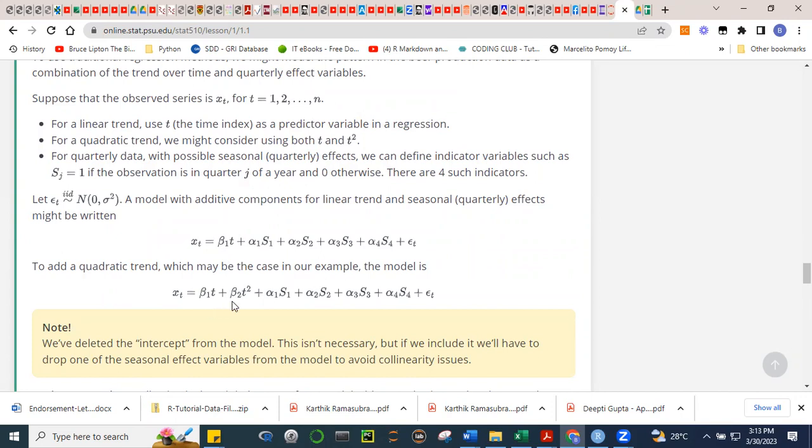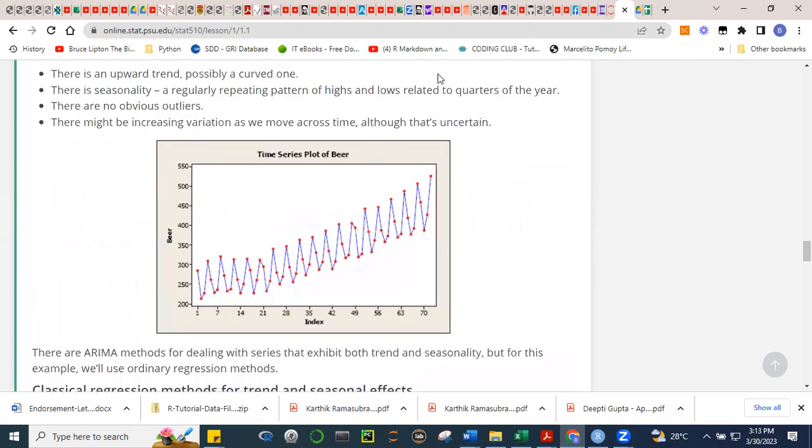Sometimes we may add a quadratic term for the time, because we can surmise that this seems to display some quadratic trend, not necessarily just a linear trend, because it seems to increase over the index, exponentially.